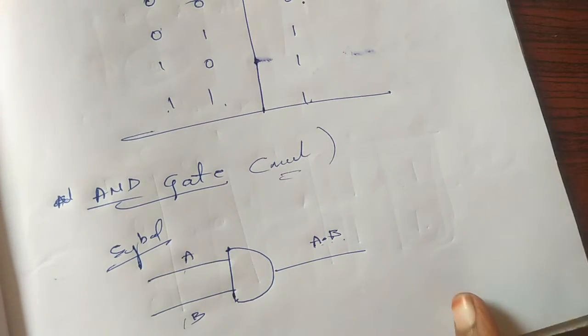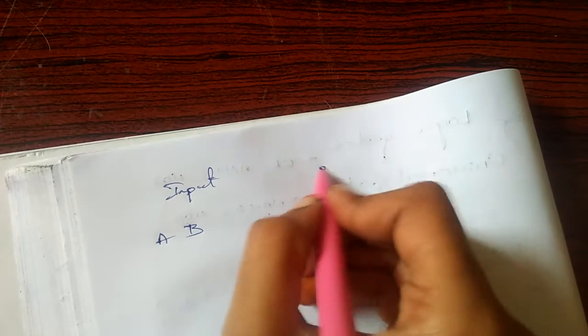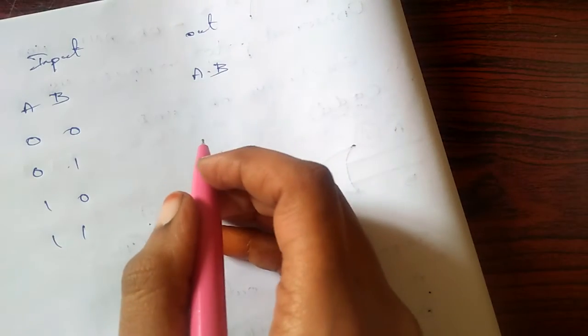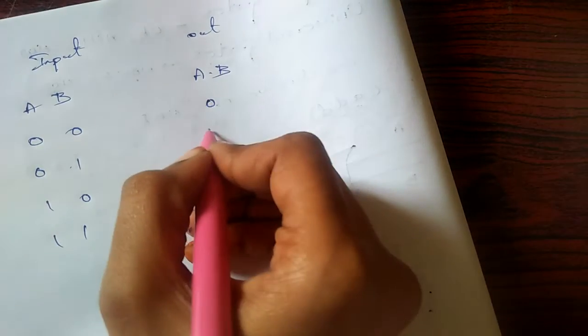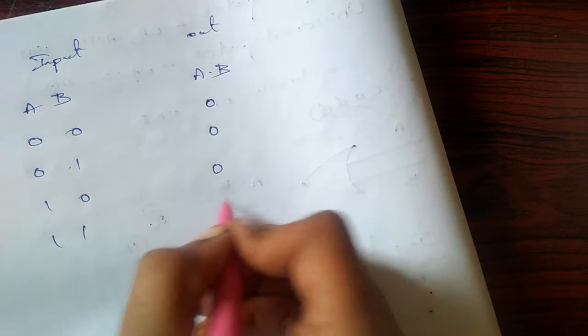For the truth table of the AND gate, with inputs A and B, the combinations are 4 and the output is A dot B: 0 0, 0 1, 1 0, 1 1. The output is 0, 0, 0, 1.